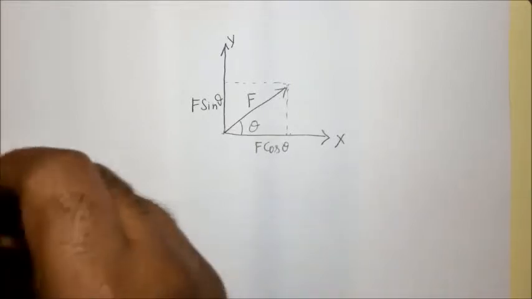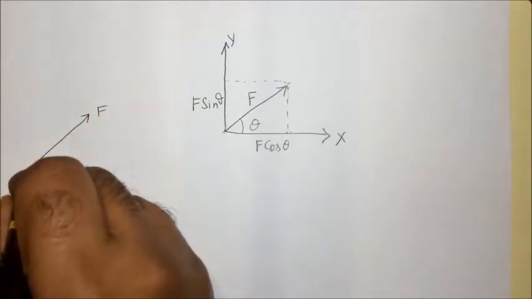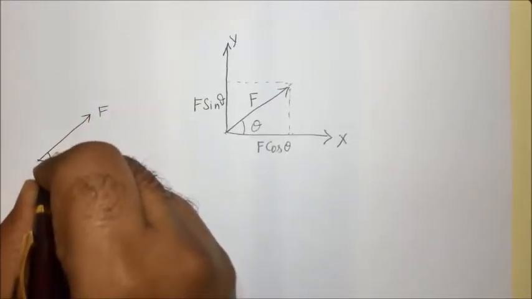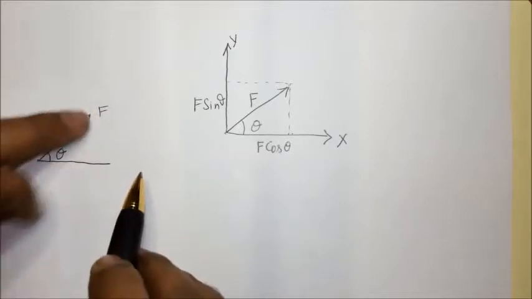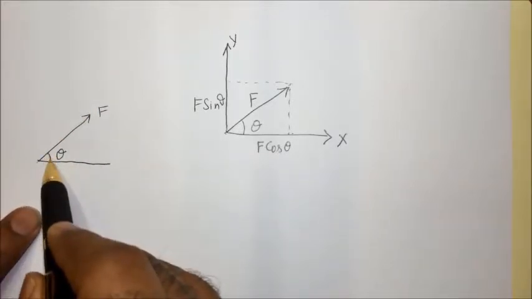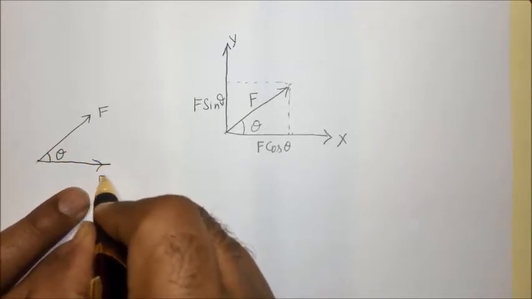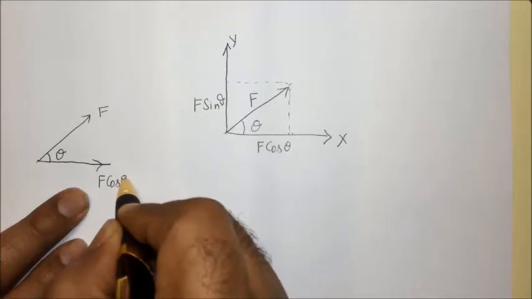I can do this without referring to the axes. I can simply say that if this is F and this is theta, can you tell me what this component is going to be? The leg that is directly connected to theta goes F cosine theta.